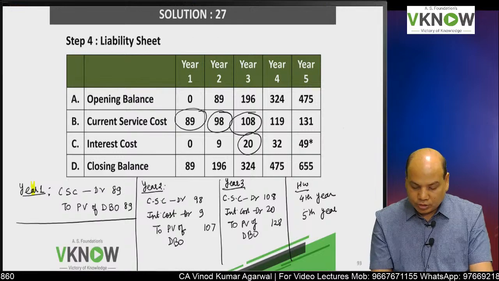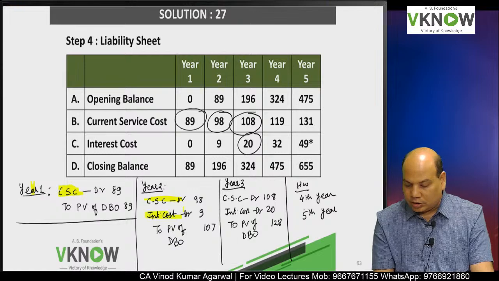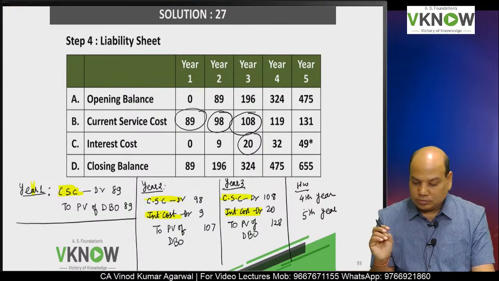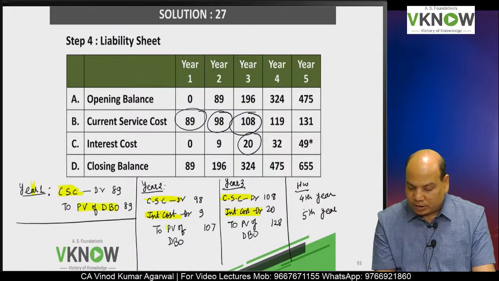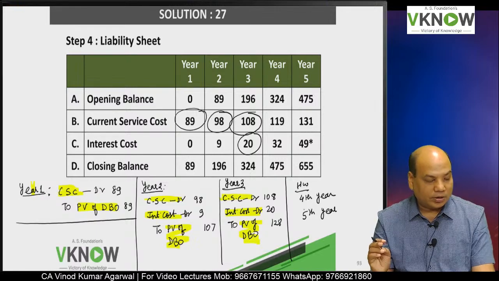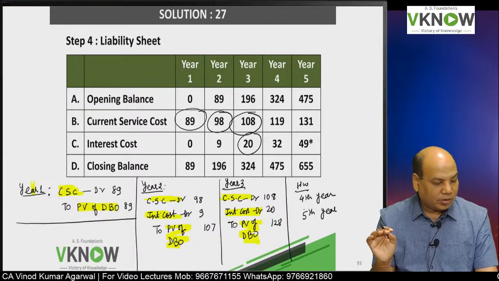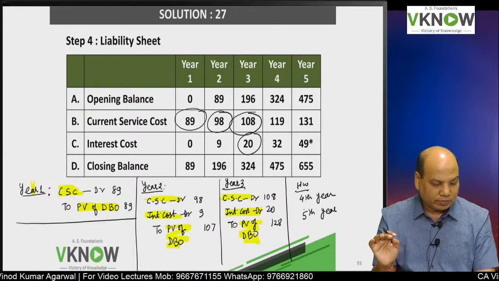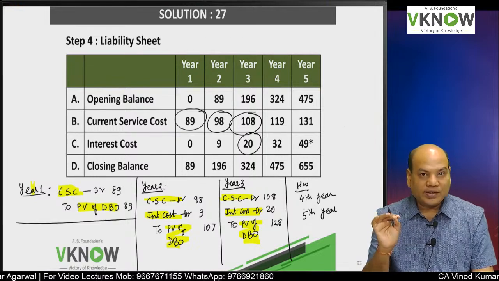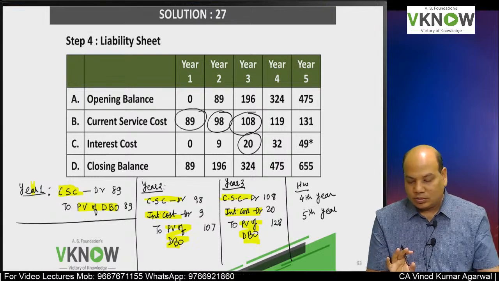Right? Current service cost and interest cost will be transferred to P&L account, and present value of defined benefit obligation will appear in the balance sheet as a liability. For the financial statement extract presentation, please refer the previous question where we have given how to present in the P&L account and how to present in the balance sheet.